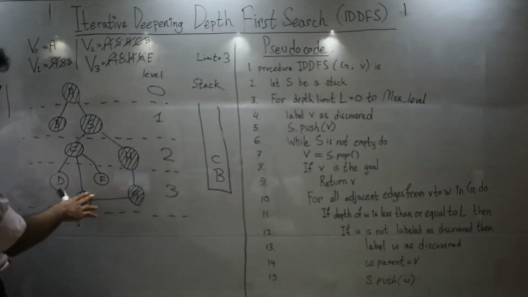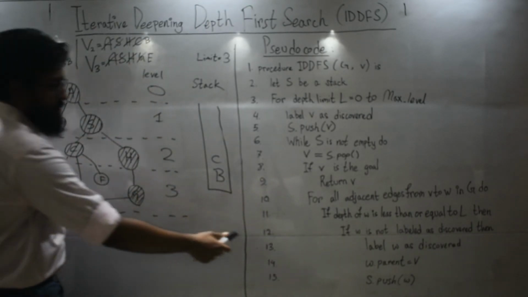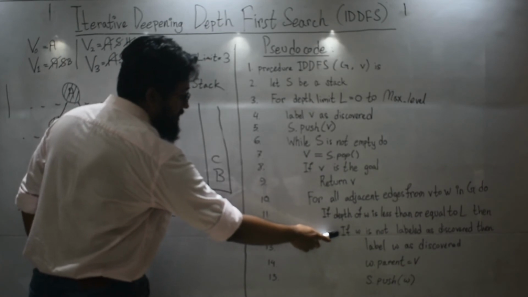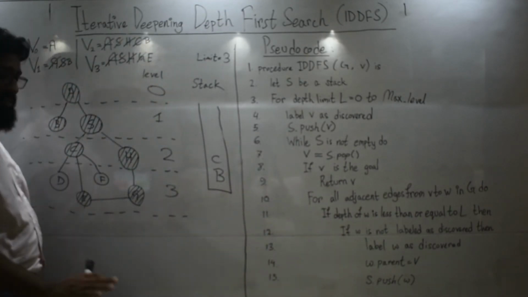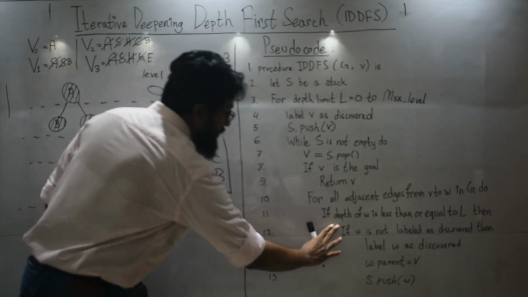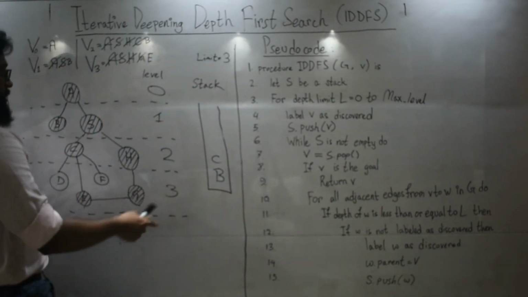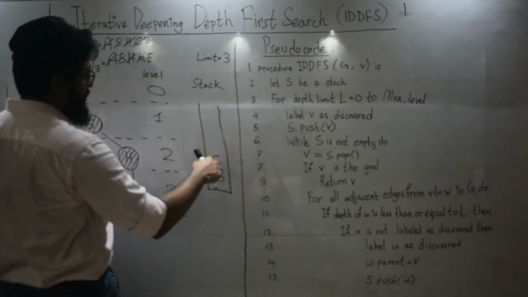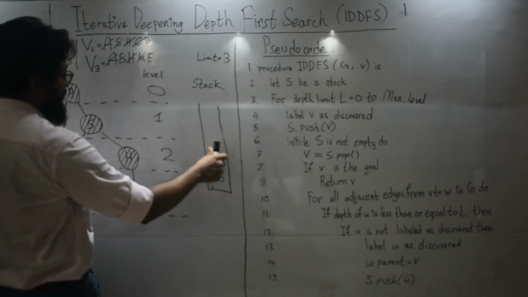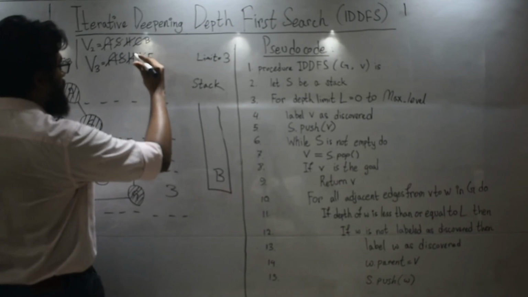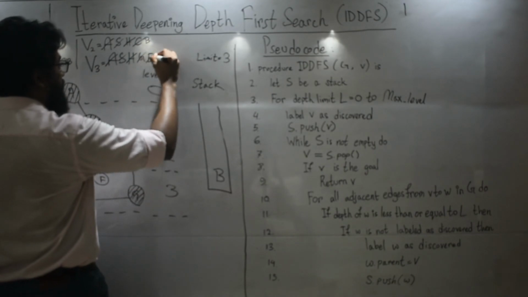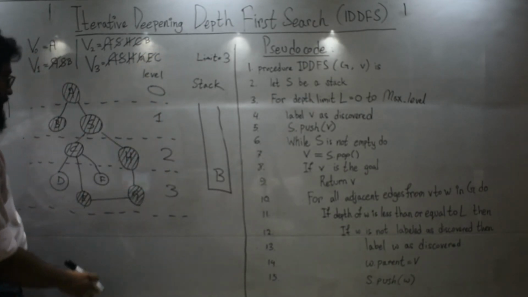The neighbors of E are G and C. Both of them will not fulfill this condition because they have been discovered. So simply it will skip all these and come back to line number 7. Pop. So let's pop whatever is on top. Pop C and place it here.